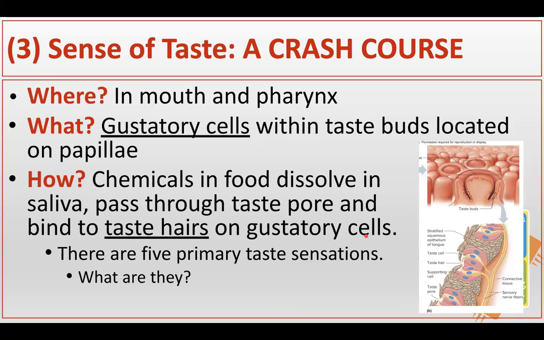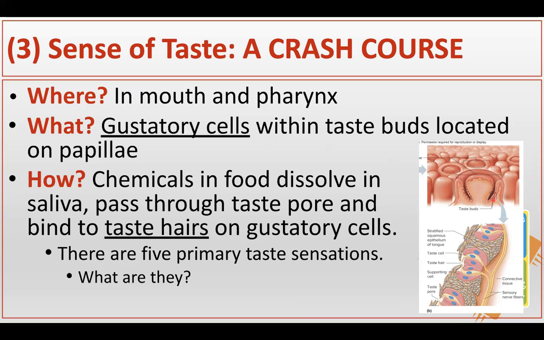You are going to sense your tastes in your mouth and your pharynx. That's where you have your taste buds. That's where you have the gustatory cells. The gustatory cells are the receptors. They are located within each of your taste buds, and your taste buds are also located within each of the bumps, which are known as papillae.